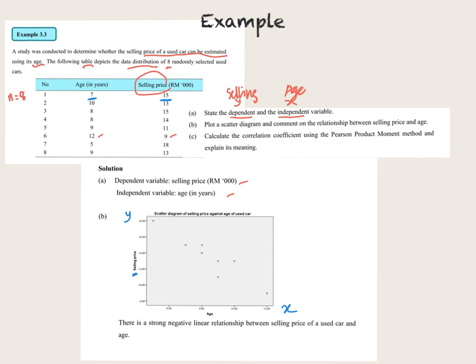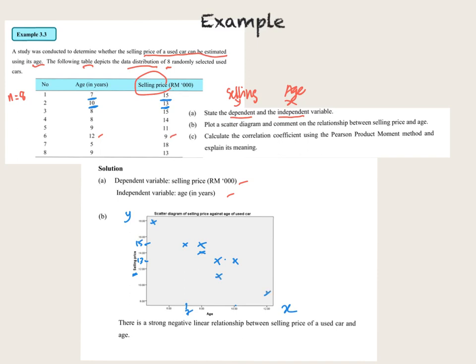So age may be somewhere right here, 7, and the value would be 15. So this is your dot. You need to plot all the values here. 10, 13, somewhere here. So this is the dot. After you draw everything, this is your scatter plot.